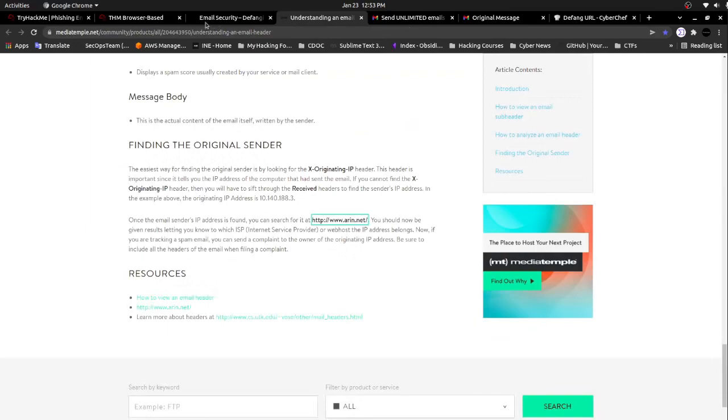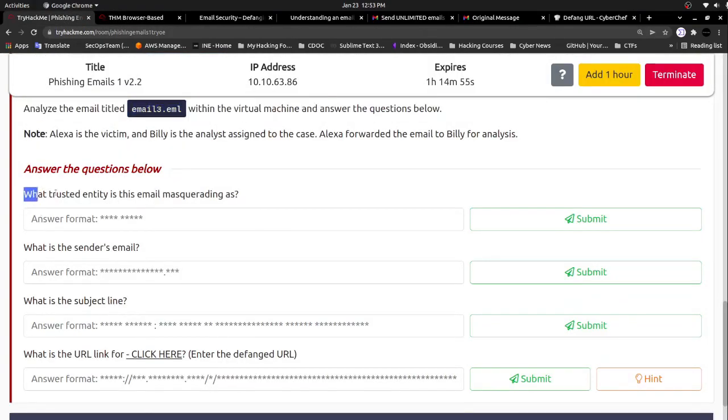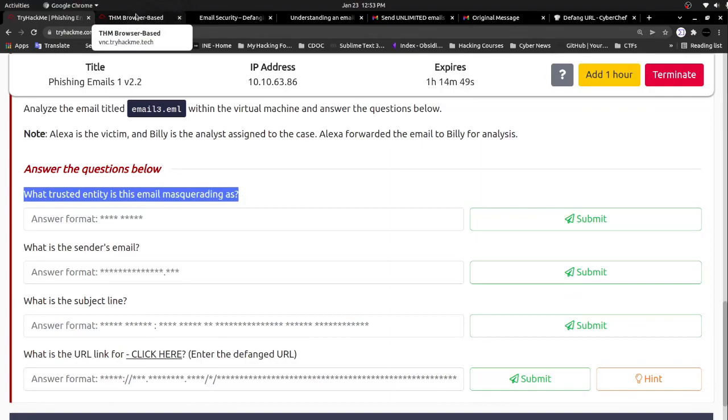So you can use this URL anywhere you want without the fear of execution. This is the concept of defanging. Now, analyze the email titled email l3.eml within the virtual machine and answer the below questions. So we have another task now. All we need is to analyze another email file.